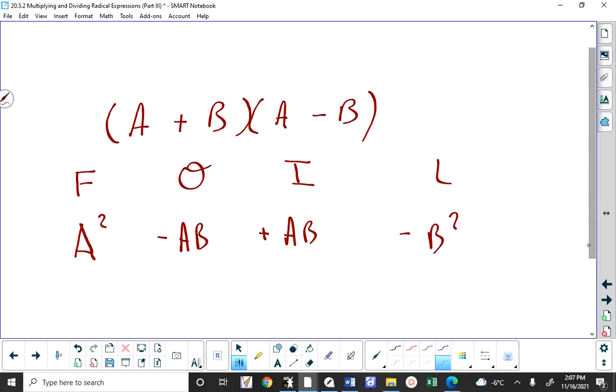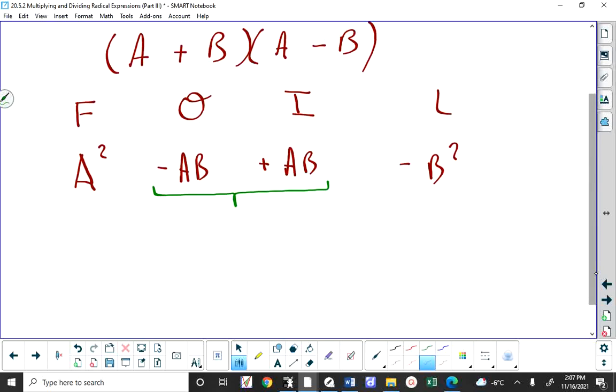And I want everybody to focus on the outer and inner and the fact that they are exactly opposite of each other, aren't they? In fact, the outer and inner together will give us 0. And I want you to ask yourself if that's always going to be the case when you multiply two binomial conjugates.